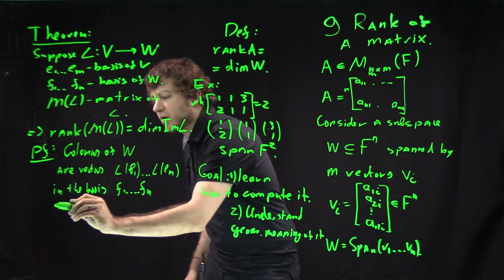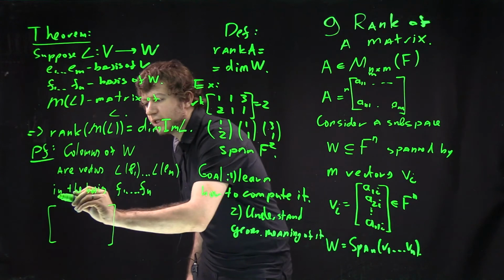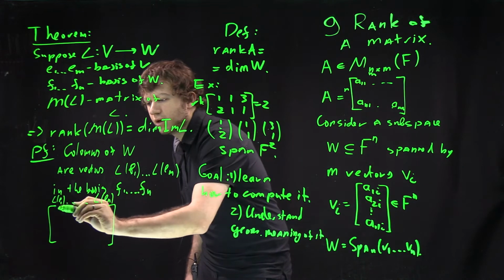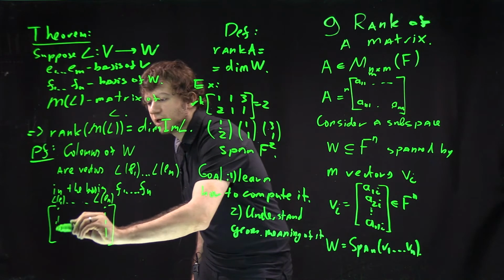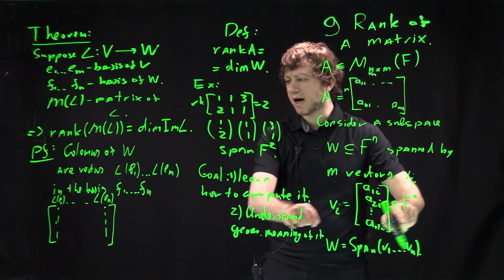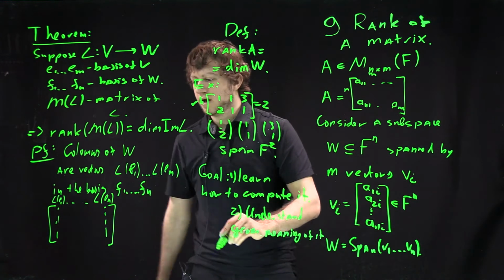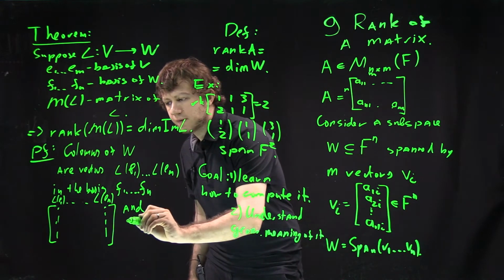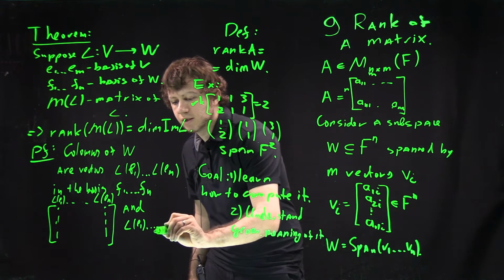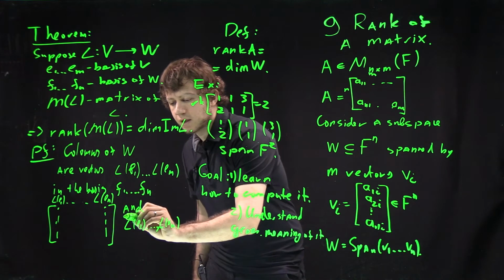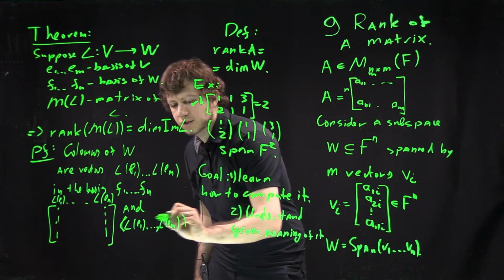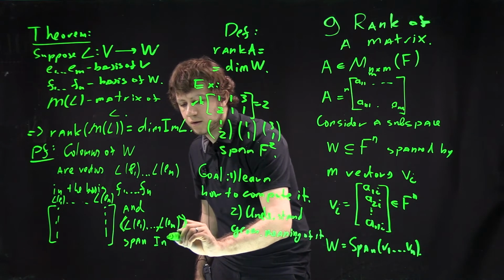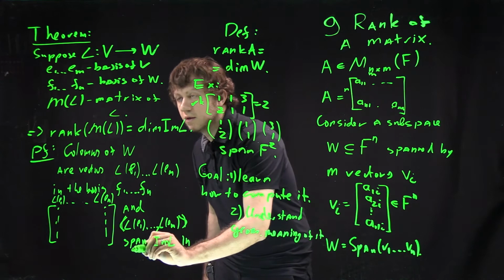Remember, when I have a matrix of a map, we take the images of these basis vectors, and these are the columns of the matrix. So the vectors vi are just these columns, and the collection L(e1) up to L(em) spans the image of L in W.